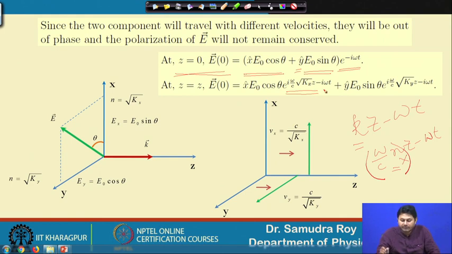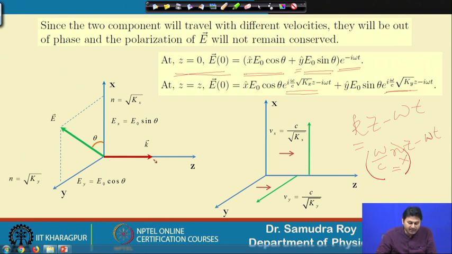In a similar way, for y I will have another term, exactly the same, but in place of root over k x I have root over k y. That means if I launch the electric field in any arbitrary direction, but in the x y plane, because the E z component will always be 0 when k is along z, then E is perpendicular to k.